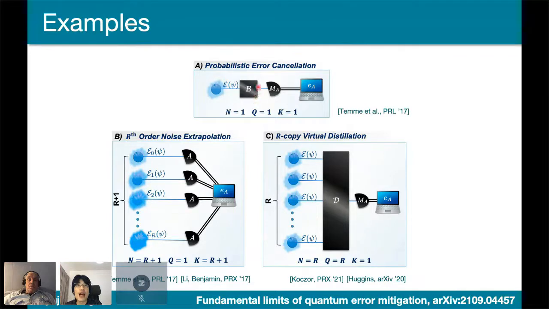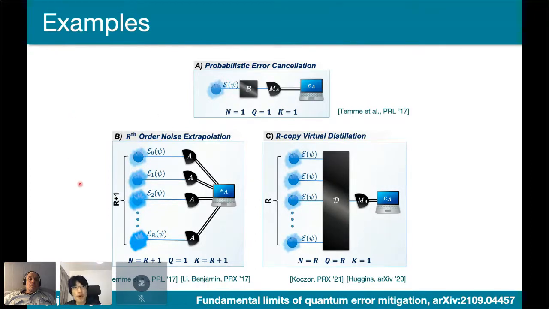After that, you make a measurement and do some classical post-processing, depending on the measurement outcome and also on which operation you applied from this basis operation set. This was introduced in this paper, and we can see this specific example as an example of the 1-1 error mitigation protocol, where q is 1, because I have only one copy in this one quantum experiment, and I also have only one experiment. That's why this is the 1-1 error mitigation.